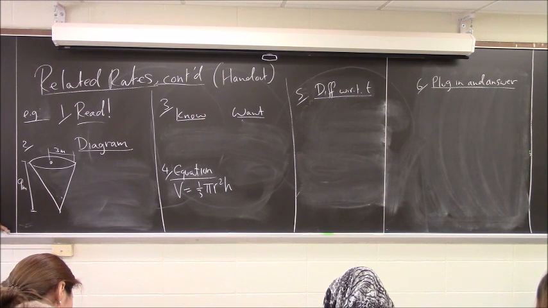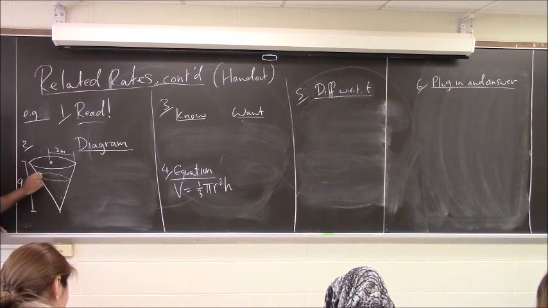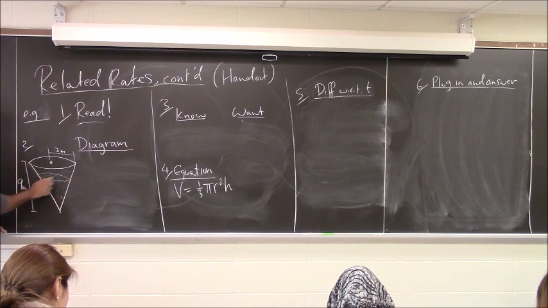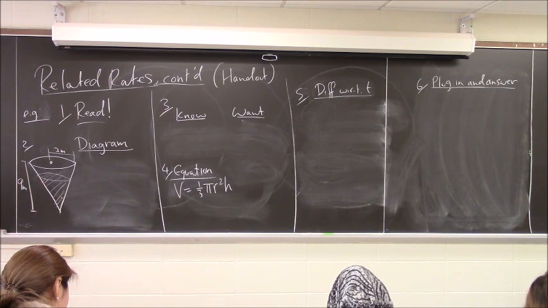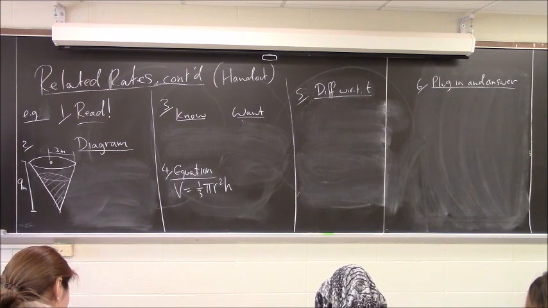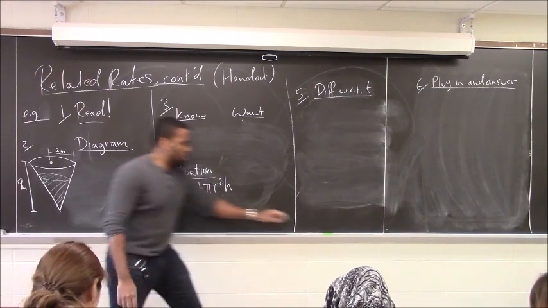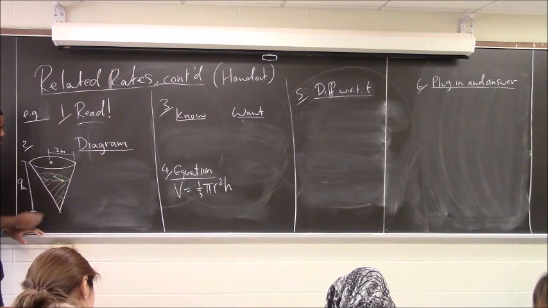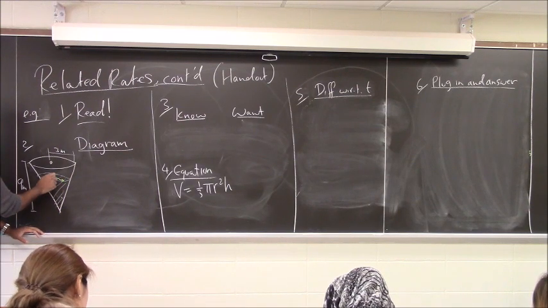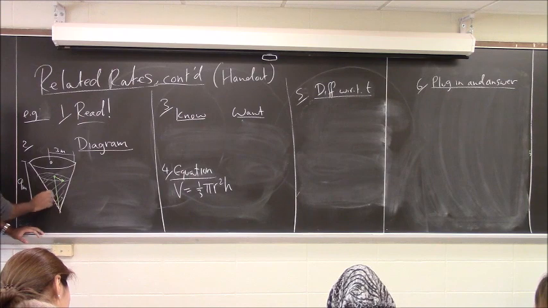Now, one part that the problem described is the water inside the tank. Right? So we have some water inside the tank here. And two things were mentioned about the water in the tank. The radius of the water in the tank was mentioned. And the height of the water in the tank is also obviously important.